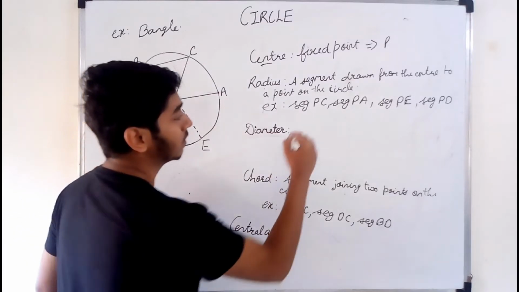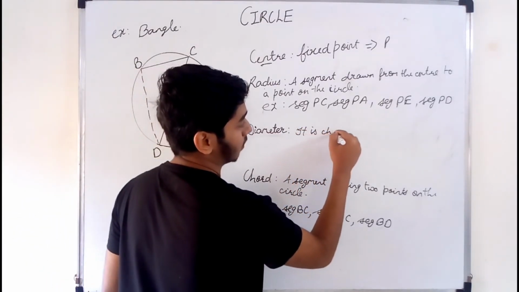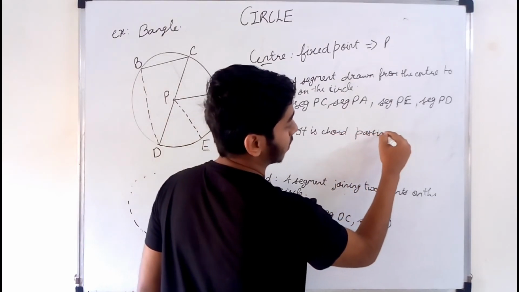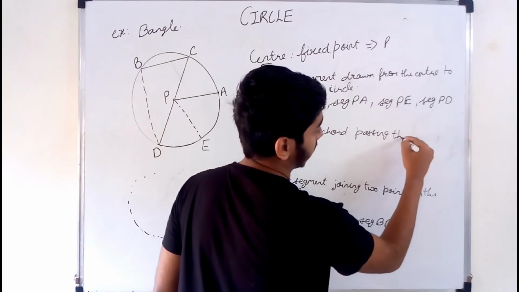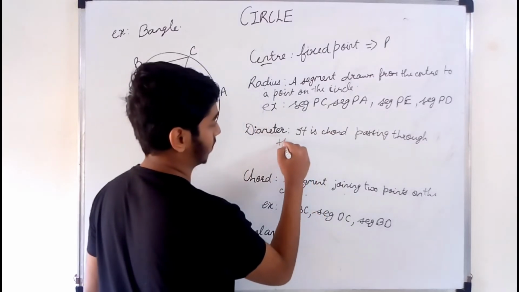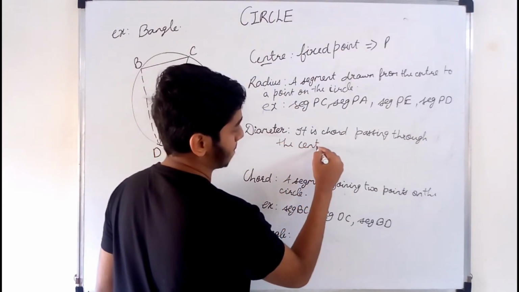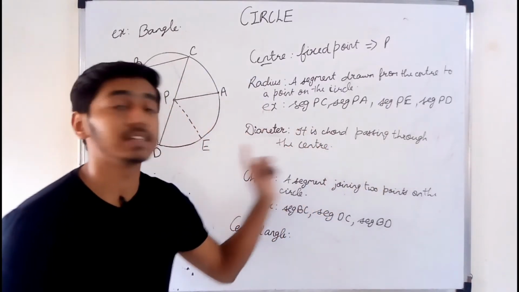So what is a diameter? It is a chord passing through the center.